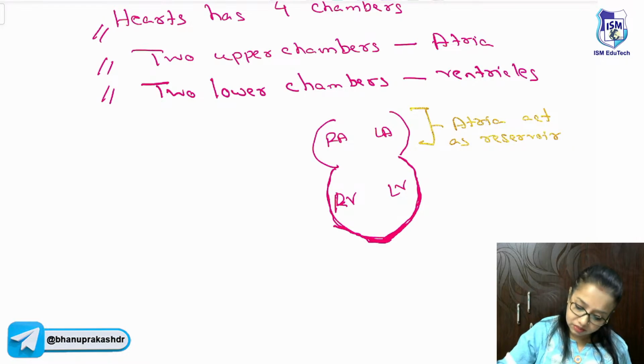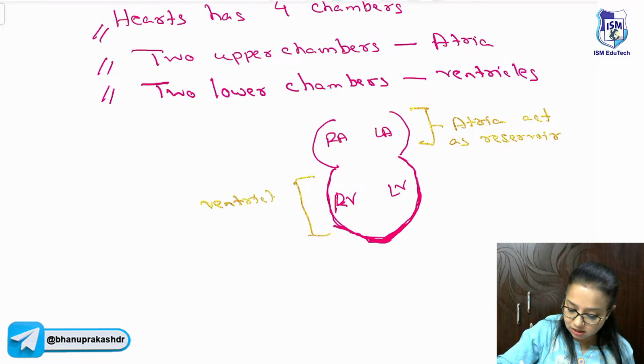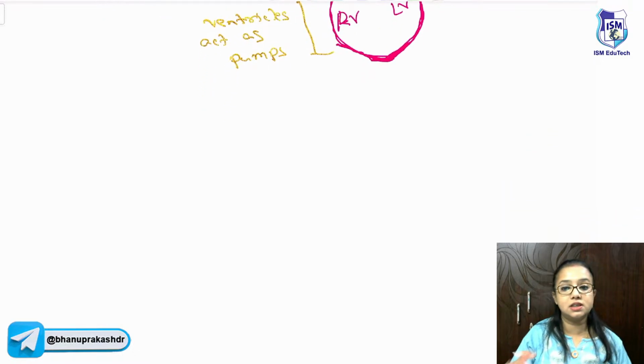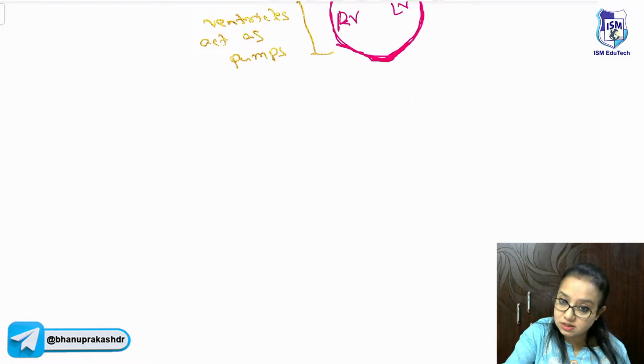Okay, and these two lower chambers, which are the ventricles, act as pumps. The ventricles are the ones contracting and pumping blood to the systemic circulation as well as to the pulmonary circulation.